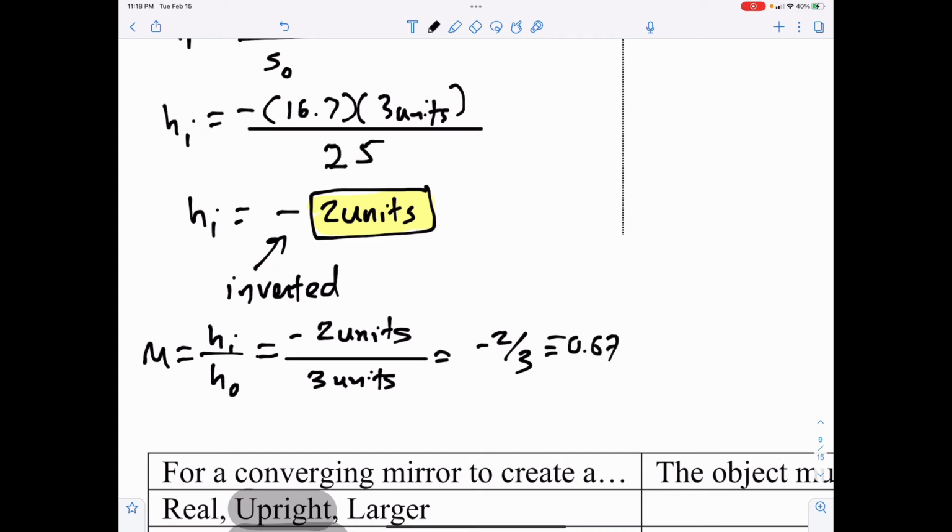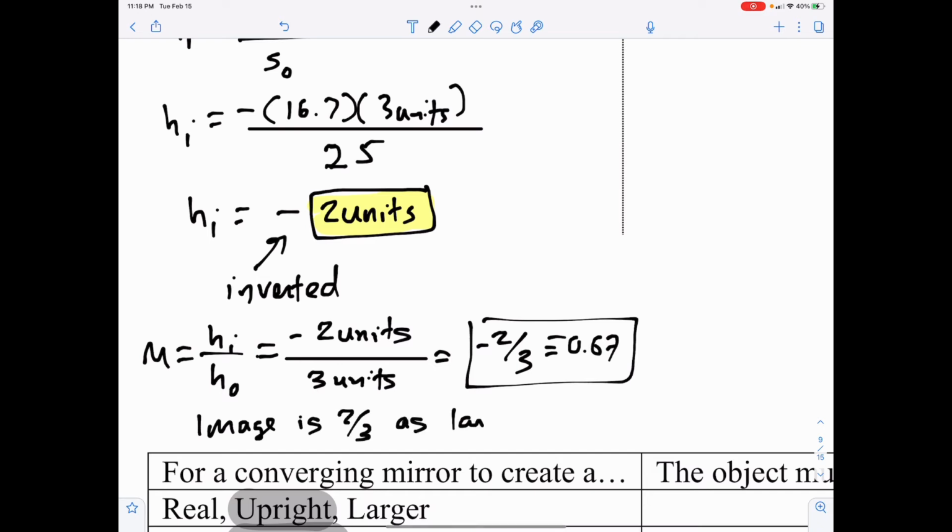What does this magnification actually mean? It means the image is 2/3 as large as the object. Again, the negative means it's inverted, but the actual number tells you how big the image is compared to the object.